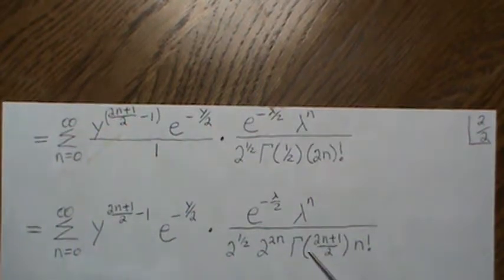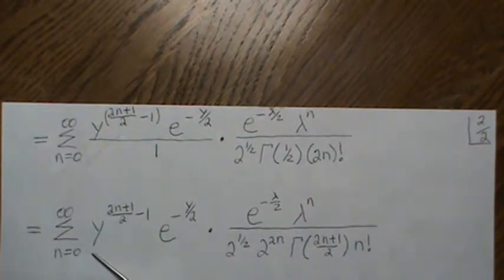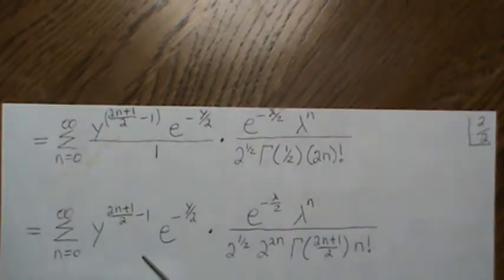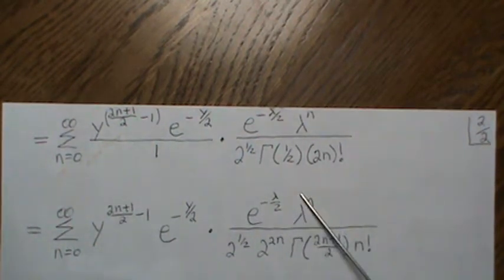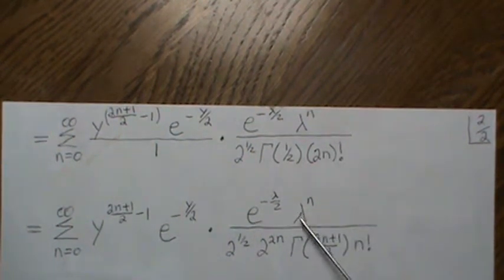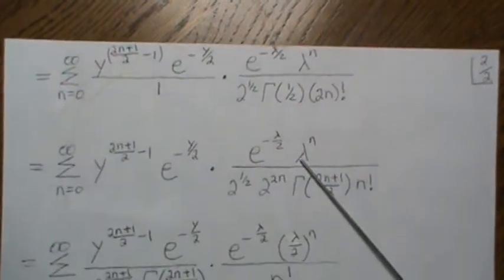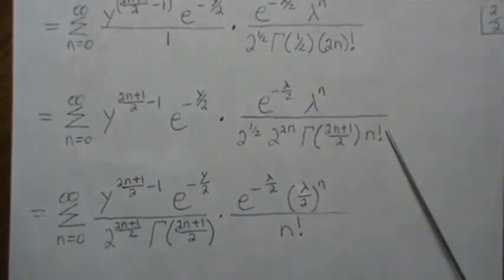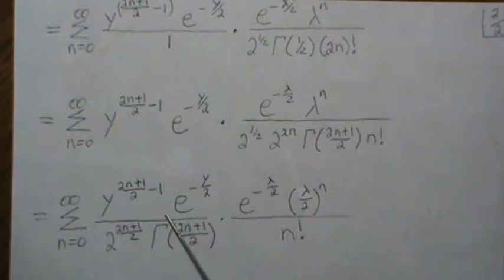Okay, so then we're going to put this piece under here, and then we're going to move the extra 2's over here. Then we'll keep this piece separate and this square root of n factorial separate. So that's what we do here. So those are now put over that.